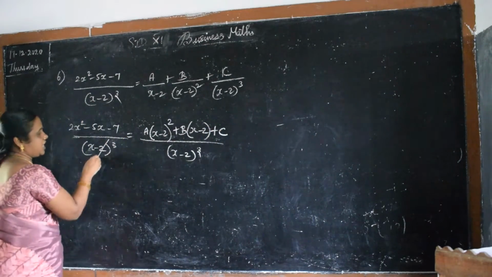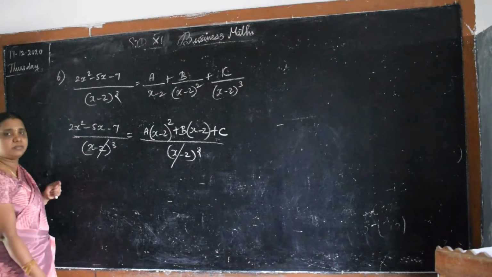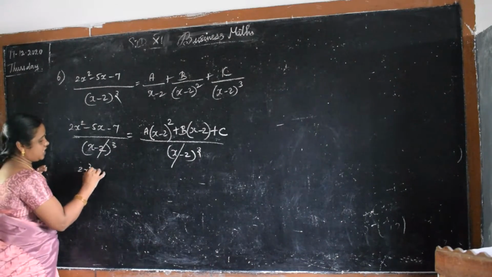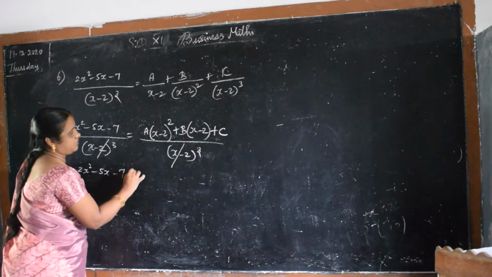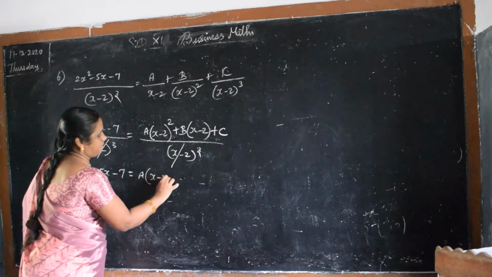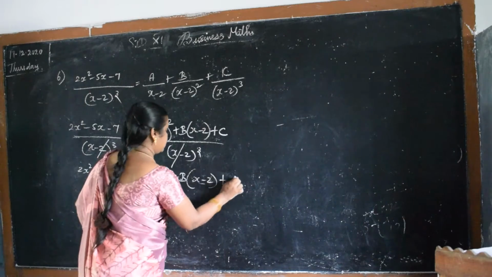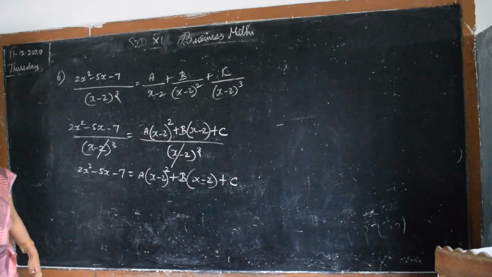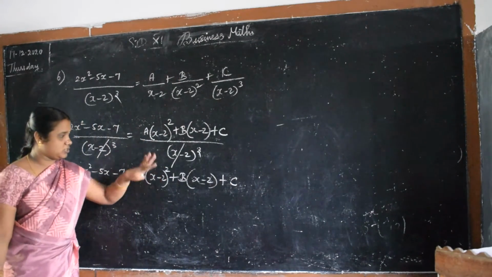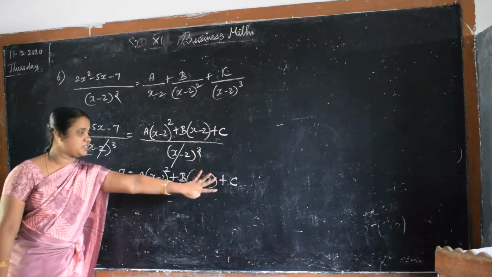Okay, now you can cancel the denominator. What is remaining here? 2x square minus 5x minus 7 is equal to a into x minus 2 whole square plus b into x minus 2 plus c. Now I am going to put x is equal to 2, this also 0, this also 0. Then I will get the value of c.